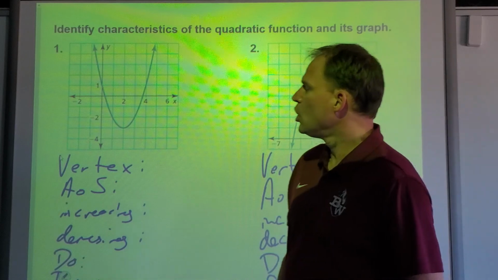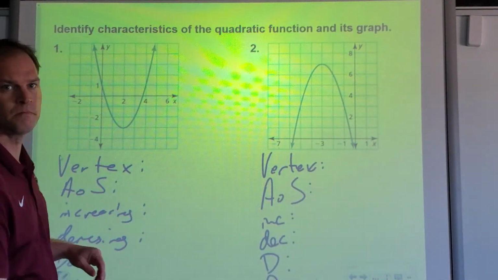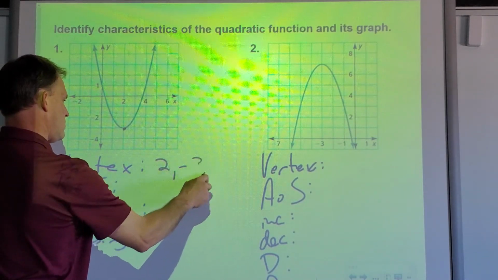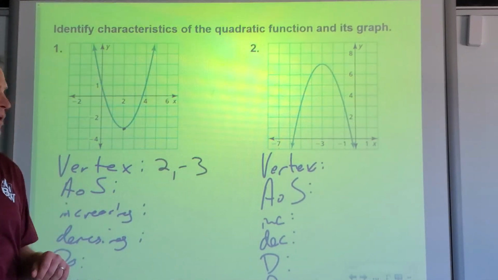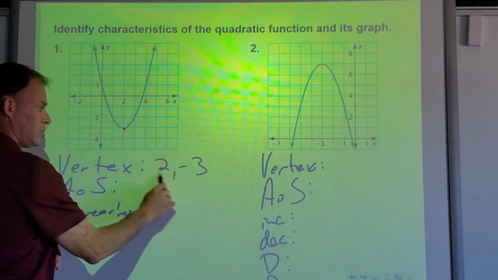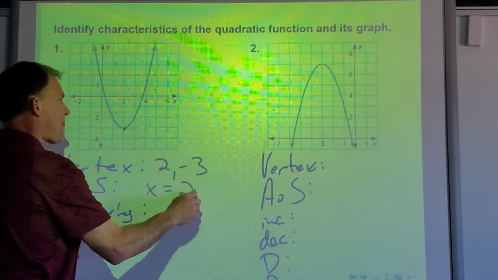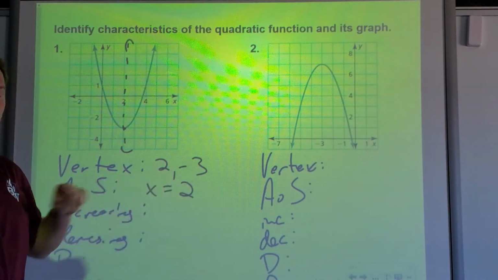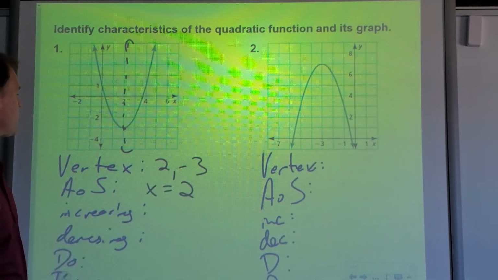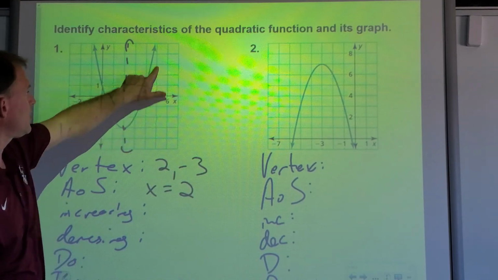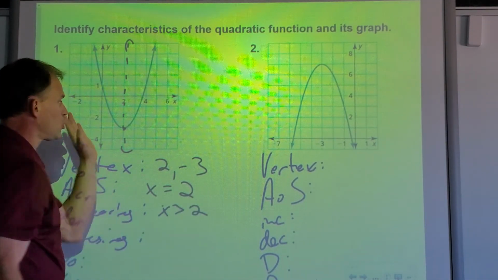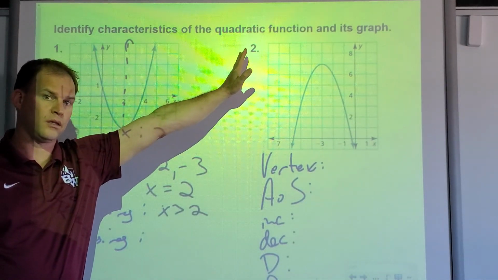Here we go. Where's the vertex? (-2, -3). Where's the axis of symmetry? Once you know that, I know my axis of symmetry, always the same numbers. Where is it increasing? Well, it's increasing greater than the vertex.